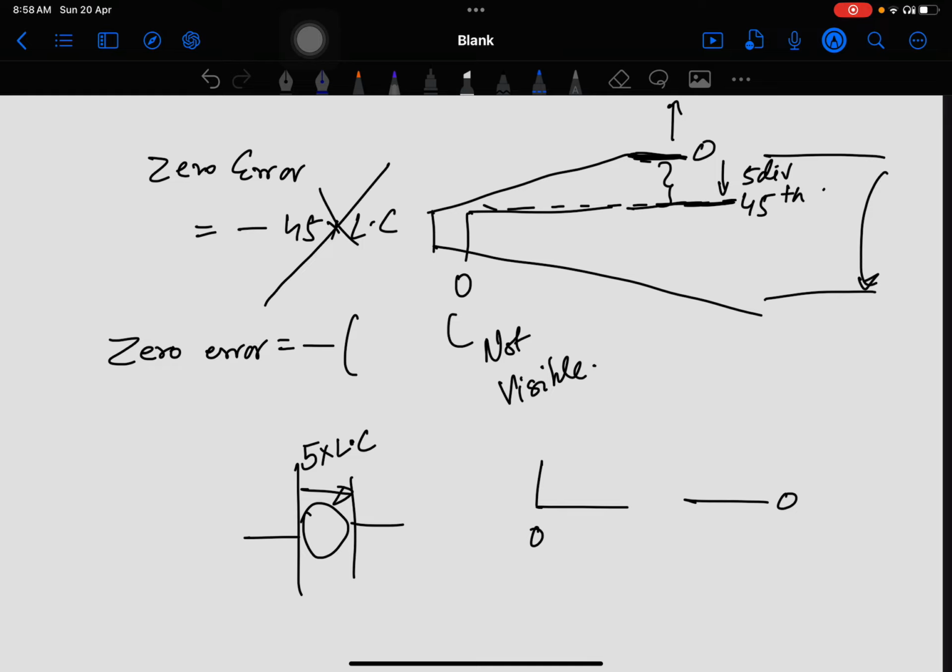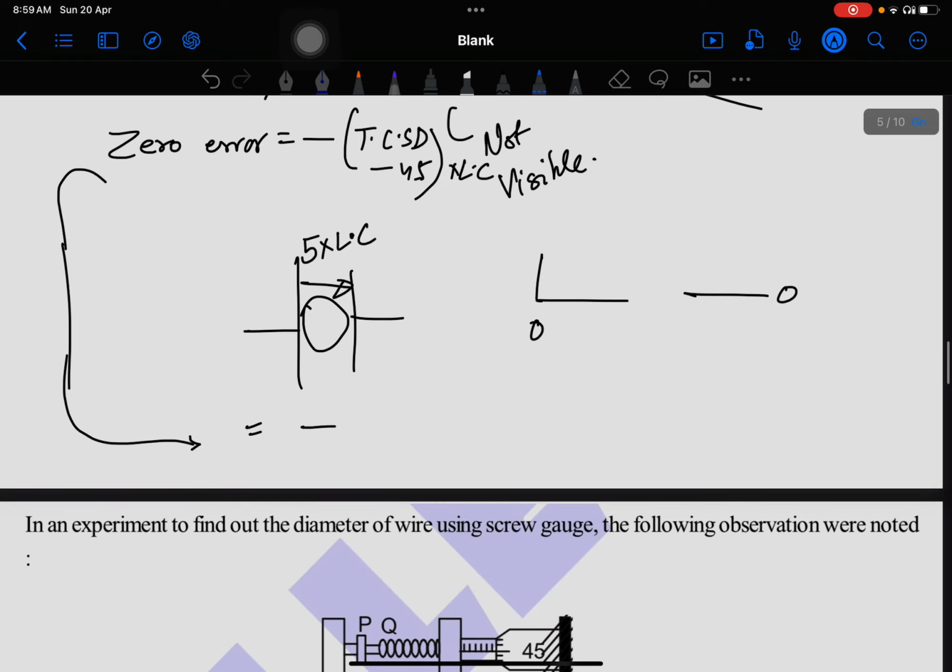All right. So therefore, the zero error is nothing but the total CSD minus the mark which is being shown, into the least count. So how much is that? This is nothing but equal to minus of 50 minus 45 into the least count, whatever least count you find out from the pitch data. So you get this particular value, right?